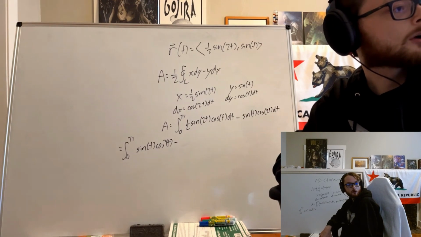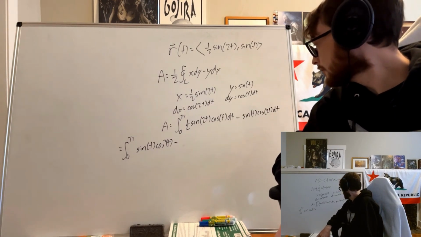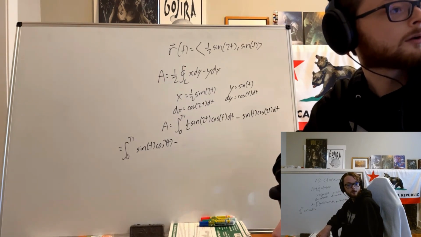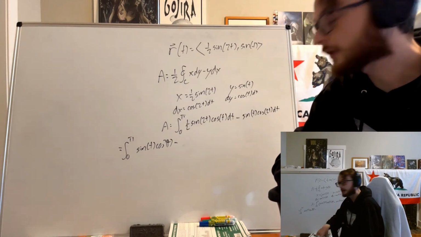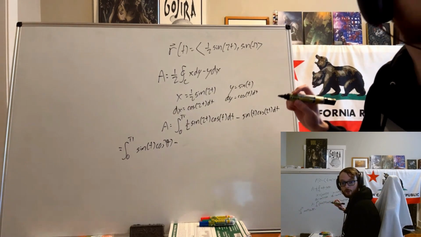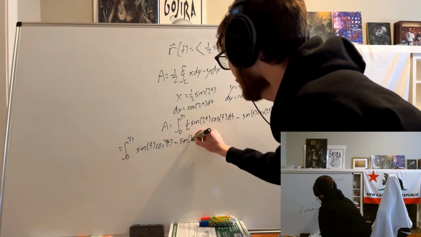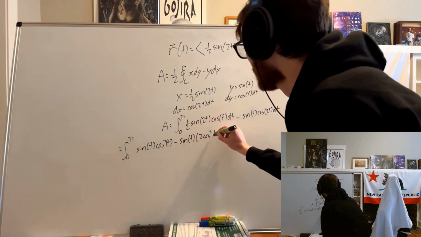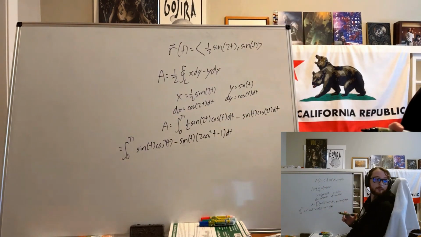We can make it 2 cosine squared minus 1. Actually, that's probably better. Or we can make it 1 minus 2 sine squared, which I think is worse. I want to take 2 cosine squared minus 1, because I think it'll give us easier integration. Not blocking my cam. Okay, good.